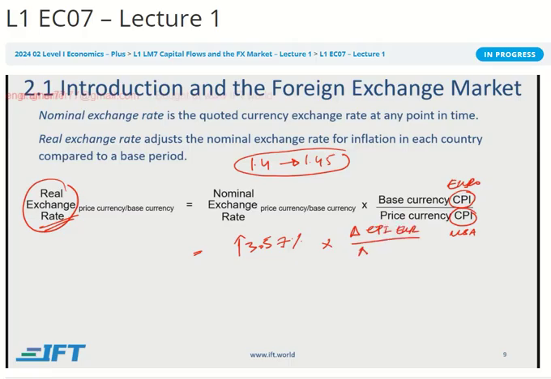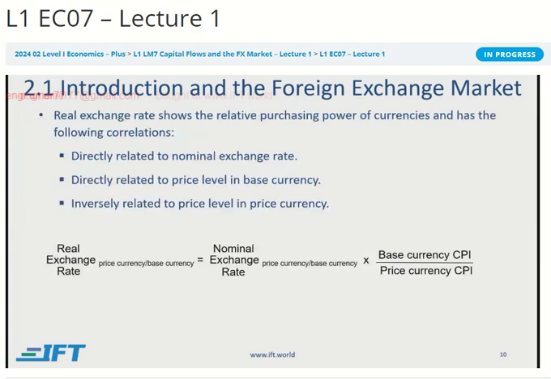And the change in the inflation in the USA. The consumer price index is what tells you the inflation, right? And then we will be able to find out the real exchange rate. This is the high level understanding that you need to have. Don't worry about it too much. What you need to pick up over here is that the real exchange rate is related directly to the change in nominal exchange rate.